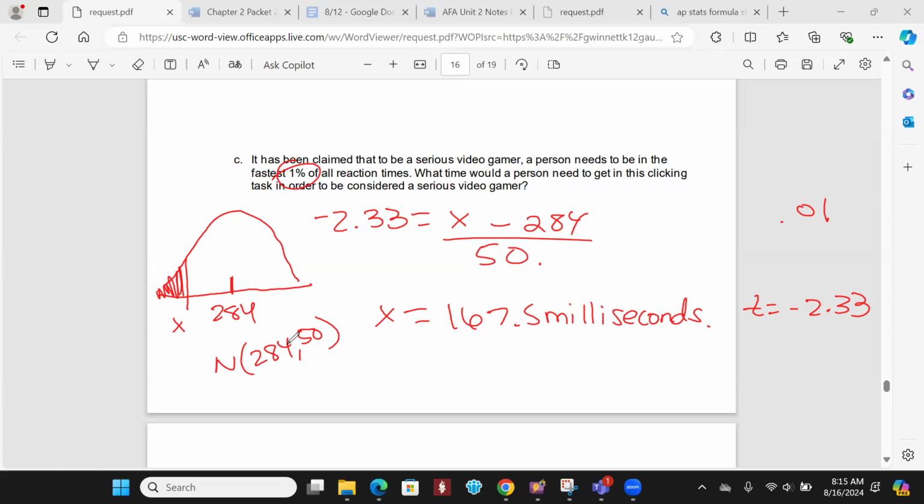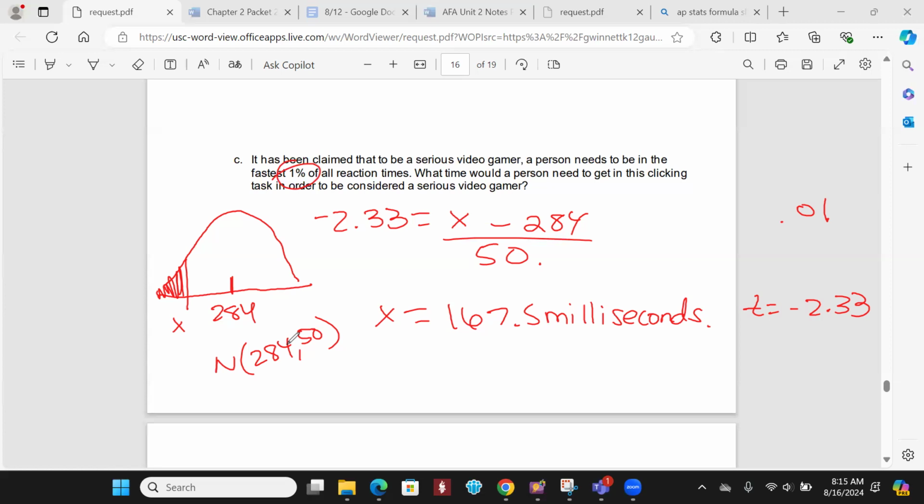Okay, your job is to do the rest of these. So fill in the curve, label everything, and then go ahead and answer those questions. You can also do the next page. The next page is going to ask you to use your table. The front page is using the empirical rule, that 68, 95, 99.7 rule.